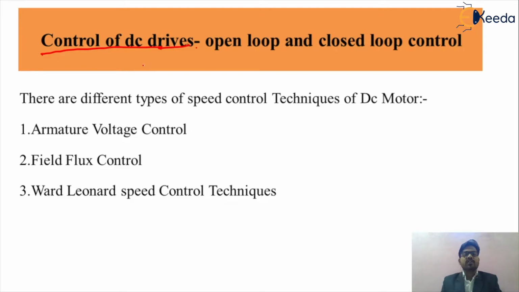In day-to-day life, there are different types of drives, such as DC drives and AC drives. For better speed regulation, we prefer the DC type of drive for industrial use. In this video, we are studying how we can control that particular DC drive.